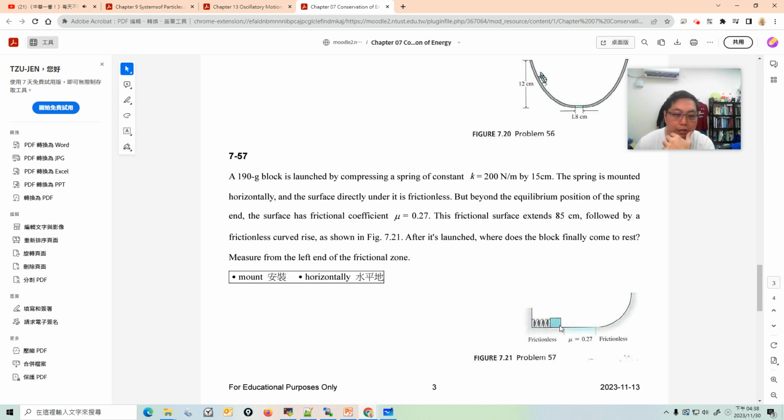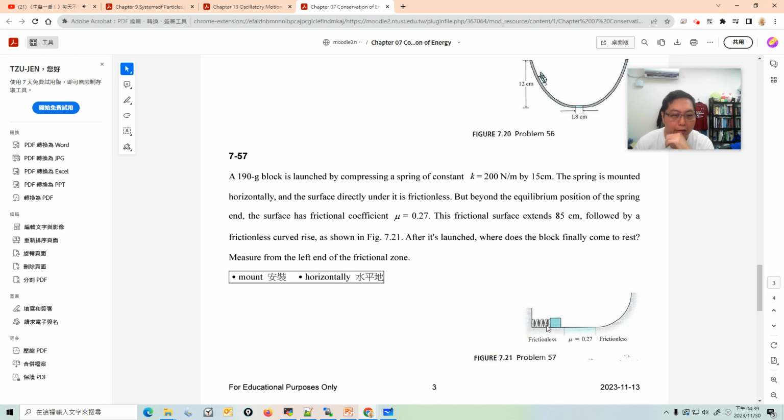The spring is compressed 15 centimeters, and the force constant of the spring is 200 newtons per meter. Initially it's compressed and then the system is released. So the object will then do the motion.